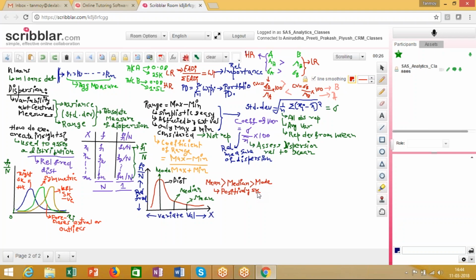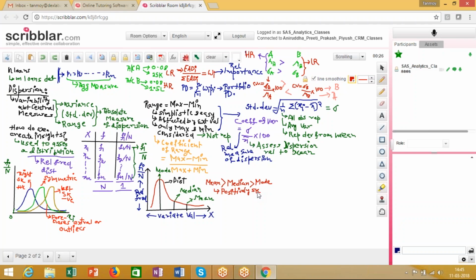So this is how we can identify a skewed distribution by using mean, median, and mode. If a distribution is skewed or asymmetric, then the mean, median, and mode will be of different values.